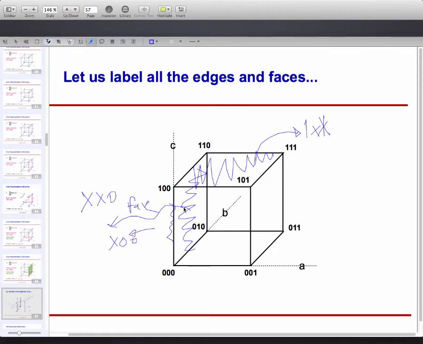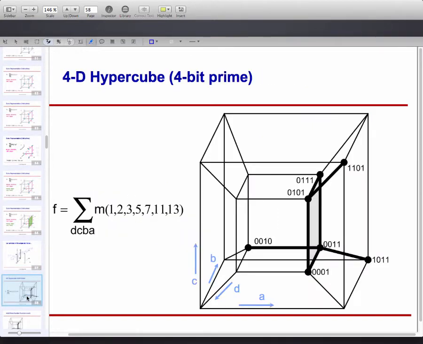Okay, so the idea is that each face, each edge has a label. The whole cube has a label x. And then you start out with your function, you find what faces and edges and vertices will cover it. You try to first pick faces, then edges, and only then vertices. And you OR them together, and you'll get your implementation.